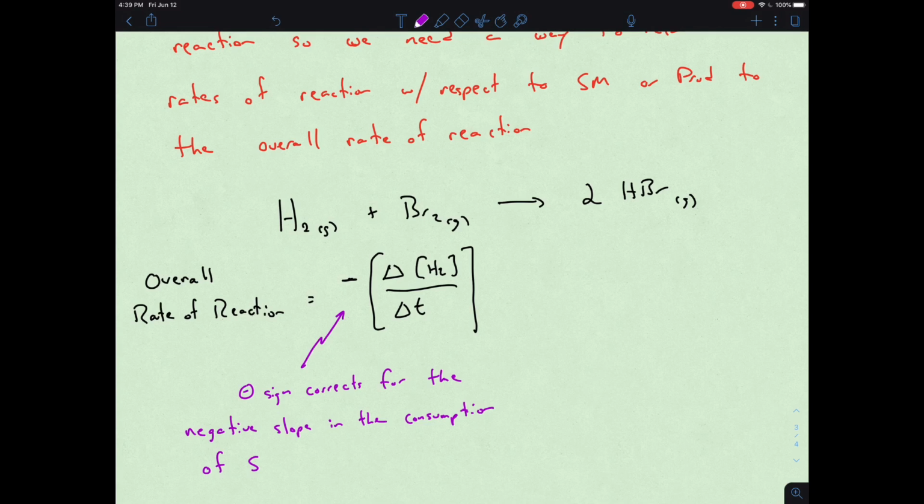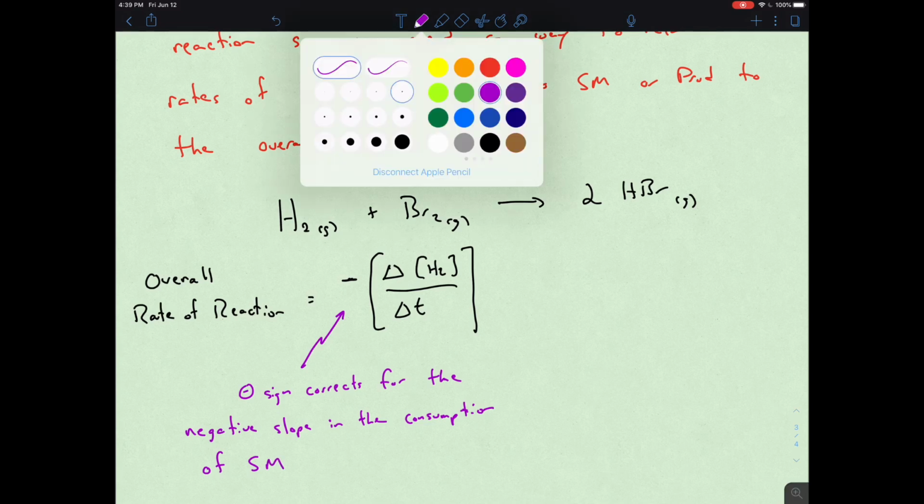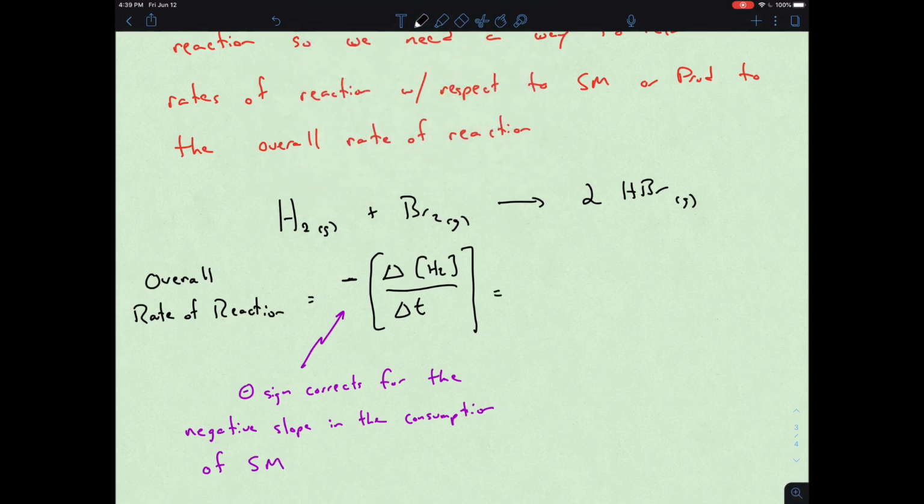And so that would be very much the same as saying it in terms of Br or in terms of Br2. Again, we have that negative sign as a result of that negative slope that we get.